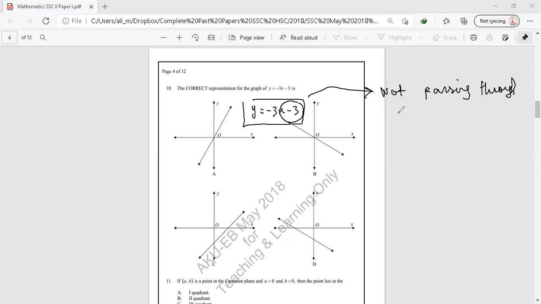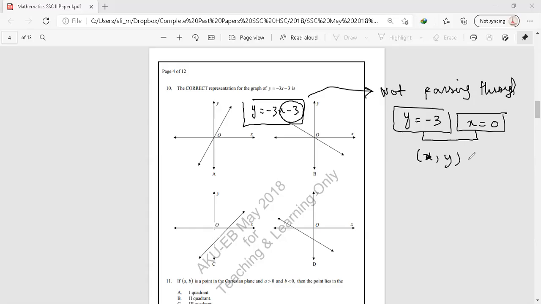So actually this equation passes through y equals to minus 3, because at x equals to 0, y would become minus 3. So the point that lies on this line, x comma y, is 0 comma minus 3. So this equation is passing through the origin.